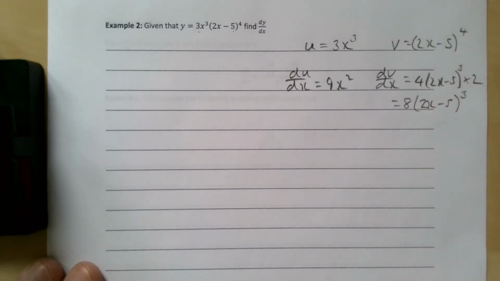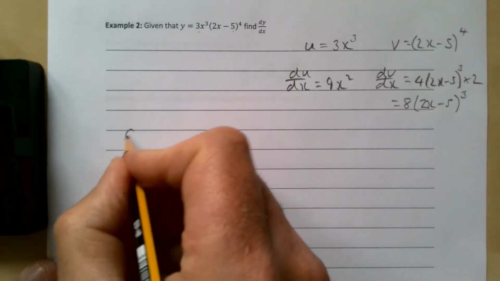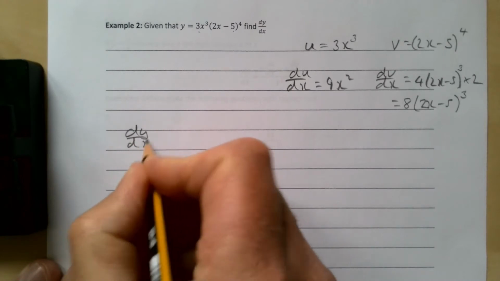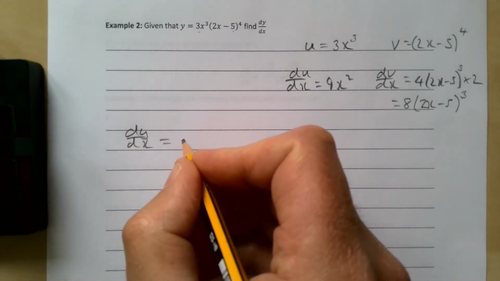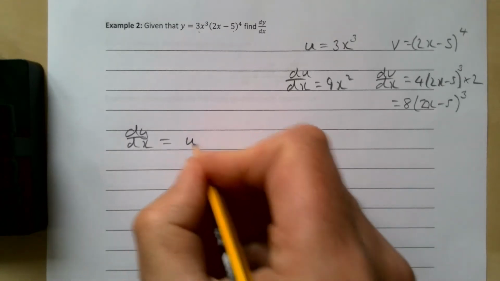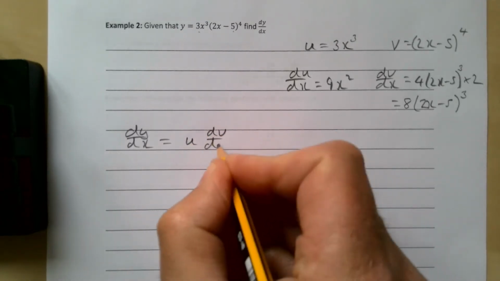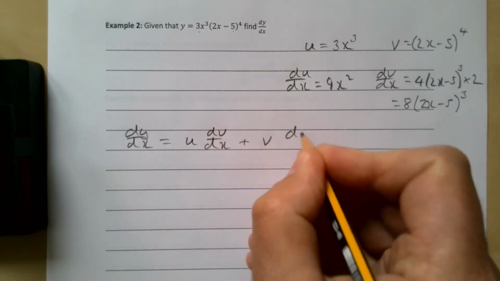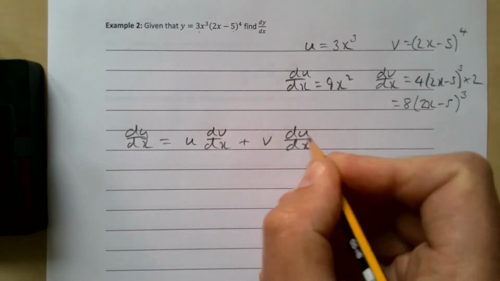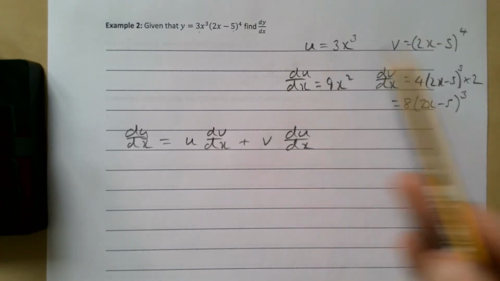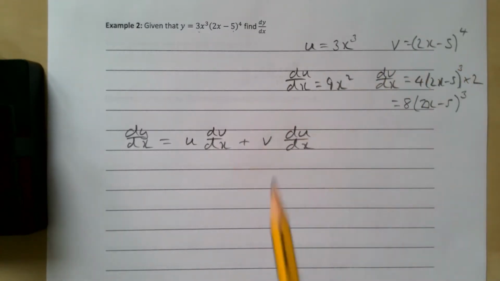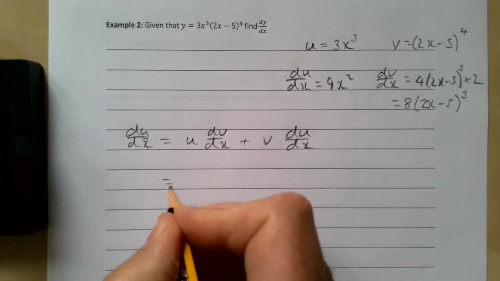Working out dy by dx then, it's a bit of a palaver here, but we'll be up for that. dy by dx is going to be u dv by dx plus v du by dx. And I always use the same layout every time. So over to the right hand side, u and v, du by dx, dv by dx, and it just keeps everything nice and neat.